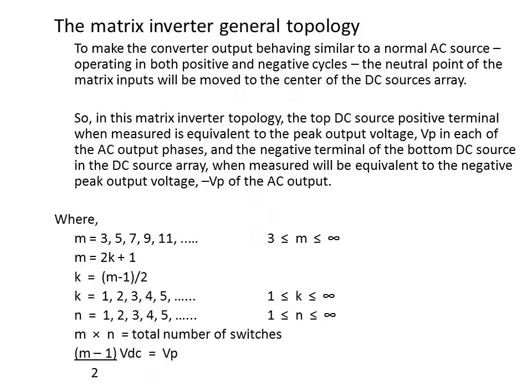N is also an integer from 1, 2, 3, 4, 5 until infinity. And M times N is the total number of switches, where (M minus 1) over 2 times VDC is equivalent to VP.